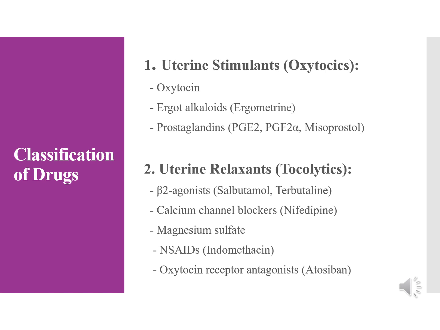And the second class is uterine relaxants, which are also called tocolytics. In that, beta-2 agonists, for example salbutamol and terbutaline, are there, and the calcium channel blockers, for example nifedipine, magnesium sulfate, and non-steroidal anti-inflammatory drugs, for example indomethacin, and the oxytocin receptor antagonists, meaning atosiban, are there.